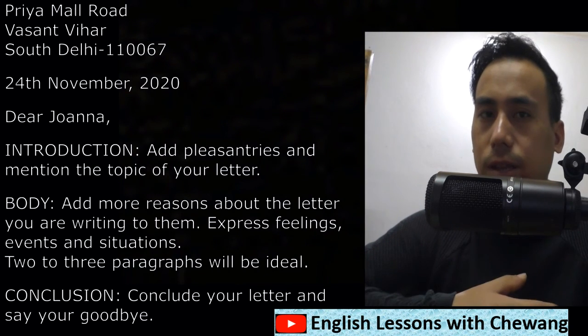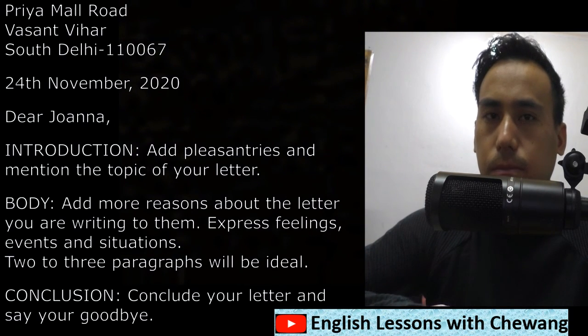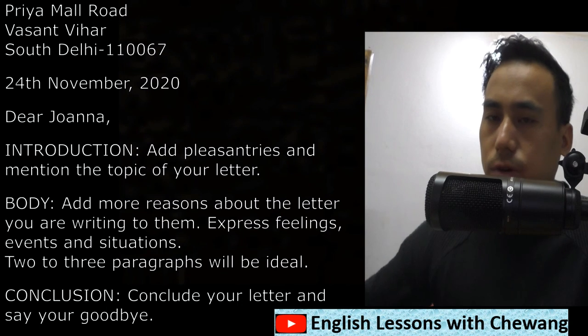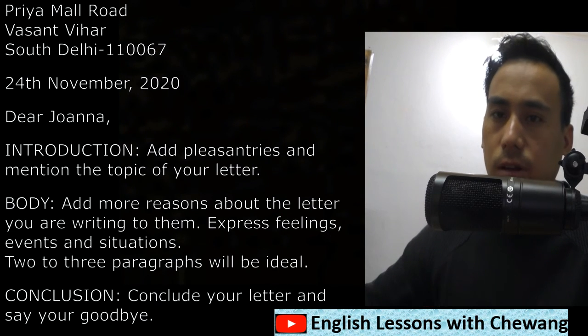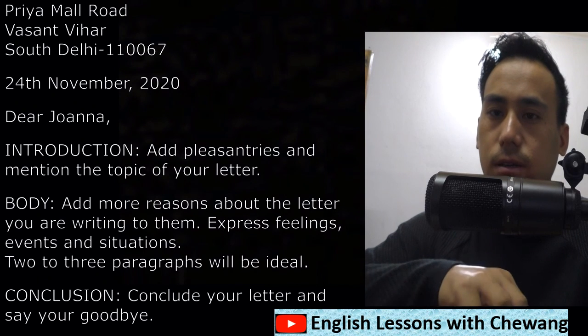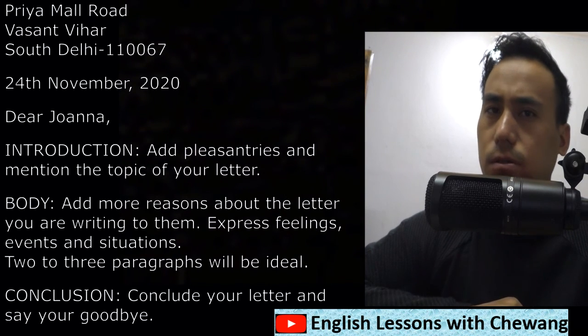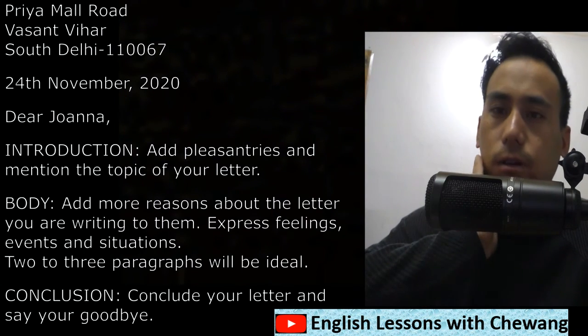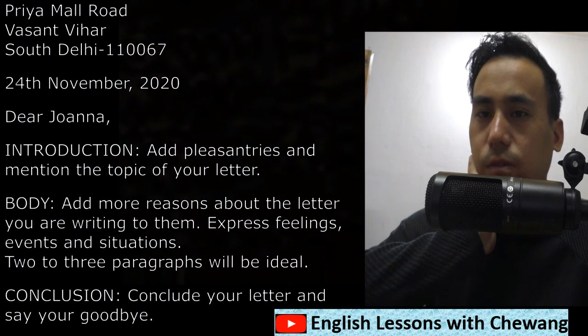But in informal letters, we don't have to specifically mention the address of the recipient on the letter. Maybe you can write it on the cover or on an envelope, but in the writing we avoid using the address of the recipient. So these are some few points which you can note down and follow when you write your informal letter.